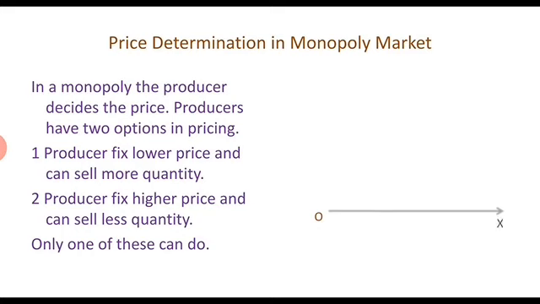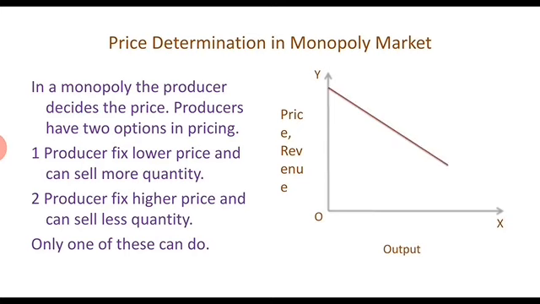Here we see the price determination in the monopoly market. Output is shown on the x-axis, price and revenues are shown on the y-axis. AR curve is the average revenue curve, or price curve, or demand curve of the firm. MR curve is the marginal revenue curve.